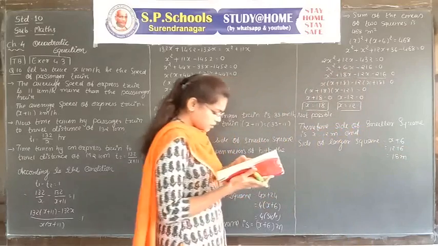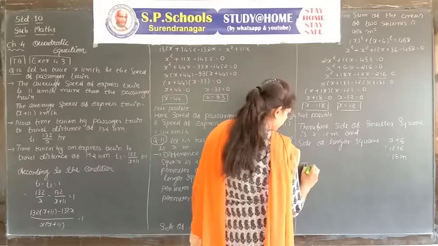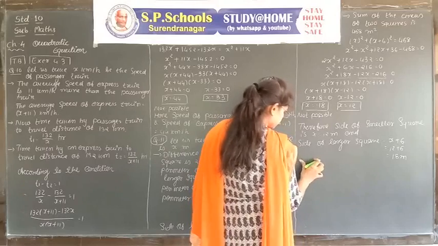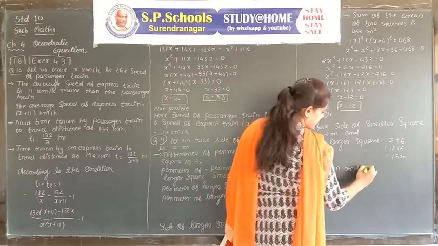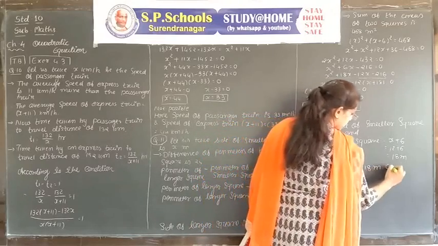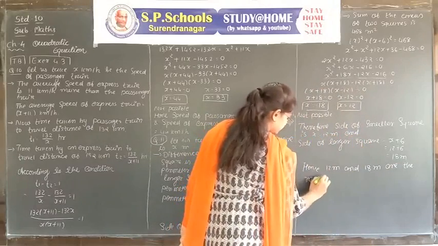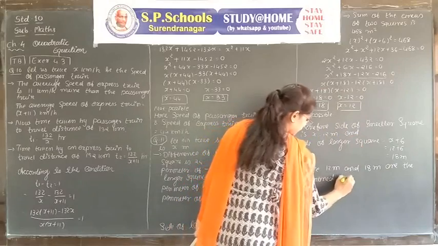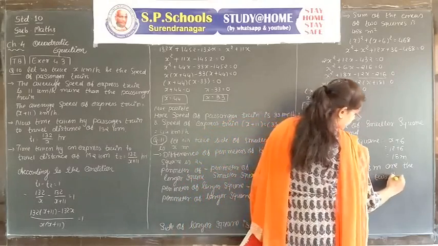Here the required answer, find the sides of two squares. Hence 12 meter and 18 meter are the required sides of two squares.